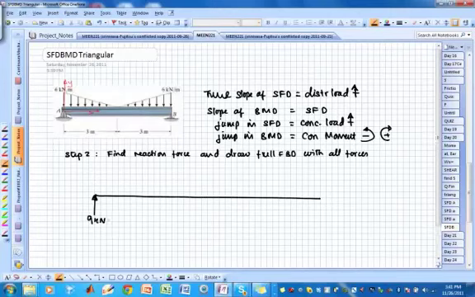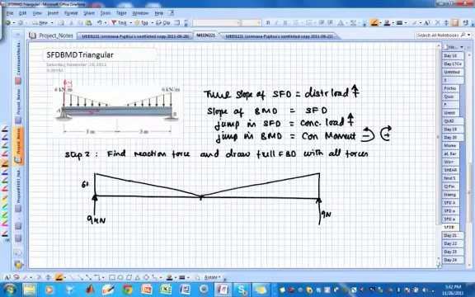So I have 9 kilonewton, 9 kilonewton. The middle of that is somewhere there, and it goes like that, and then it goes like that.